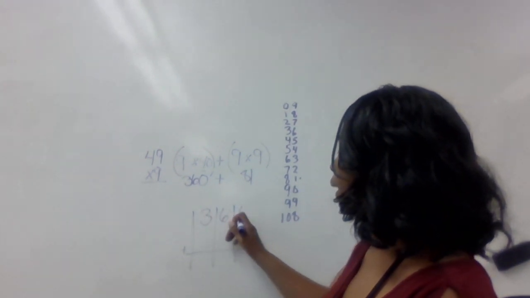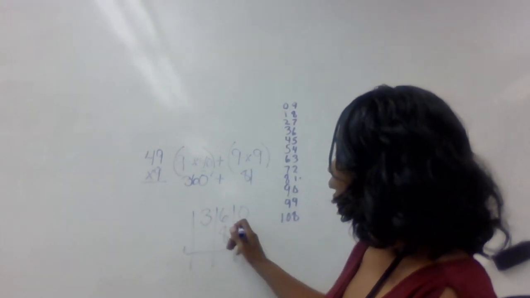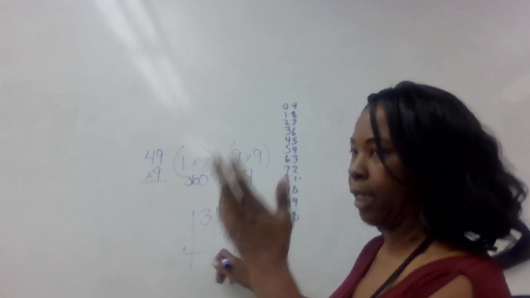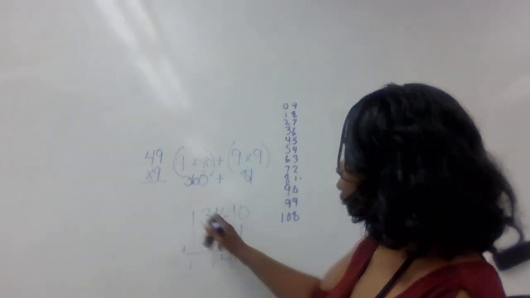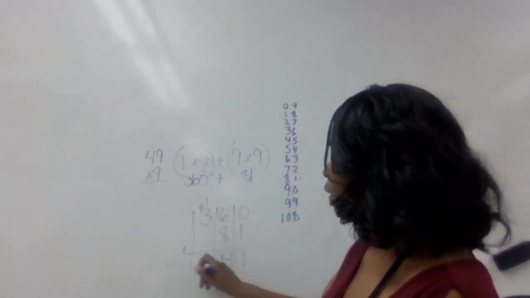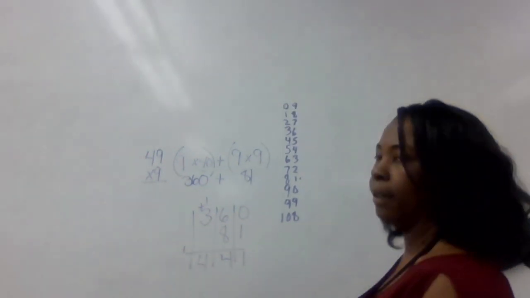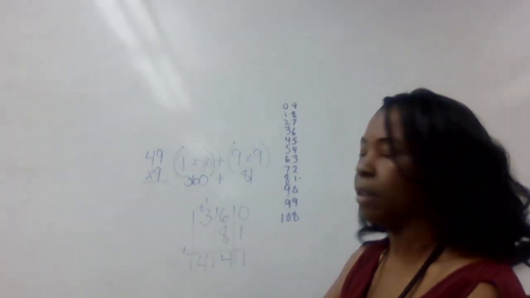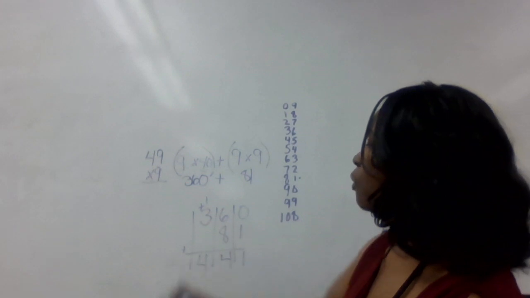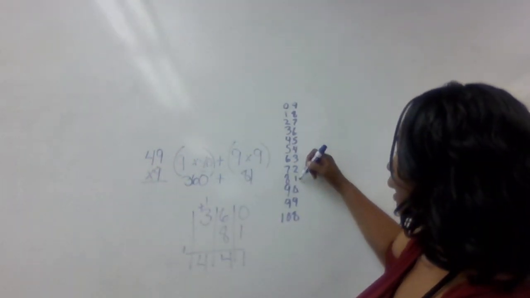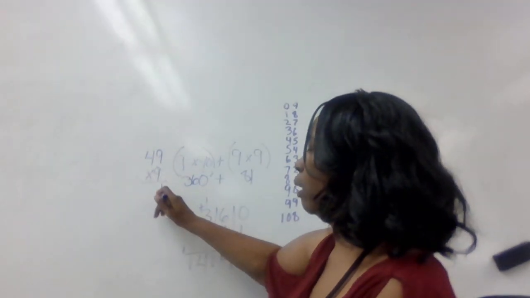Now I'm going to add the two products together, 360 and 81. We have 1. 8 plus 6, put 8 in your head, count up 6. That will give you 14. 3 plus 1 is 4. So I have the product of 441. Now let's go to the standard algorithm and see if we come up with the same thing. So 9 times 9, 1, 2, 3, 4, 5, 6, 7, 8, 9, 81. So my 1 goes here.